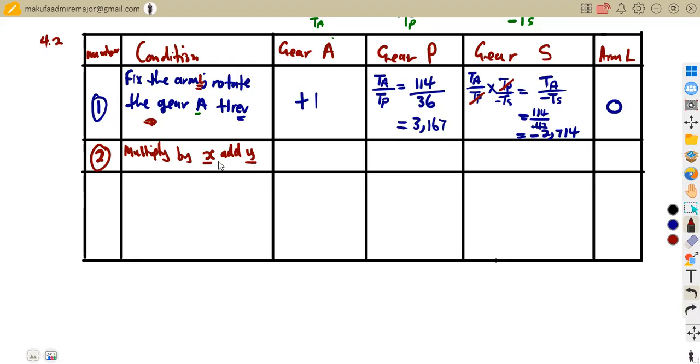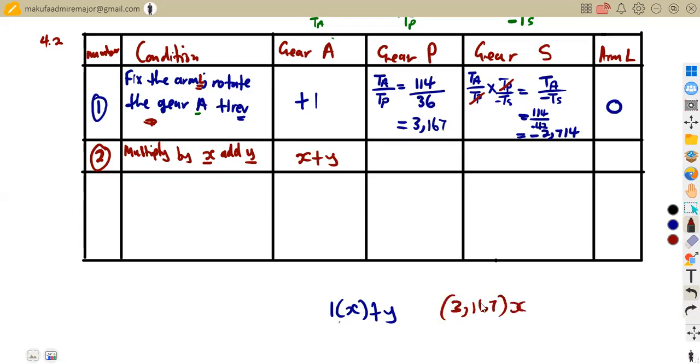So to add this, you multiply it by X. So it's going to be 1 times X. Whatever you get, you add Y. So 1 times X is X, so it's going to be X plus Y. The same with this value here: you multiply it by X. So it's 3,167.